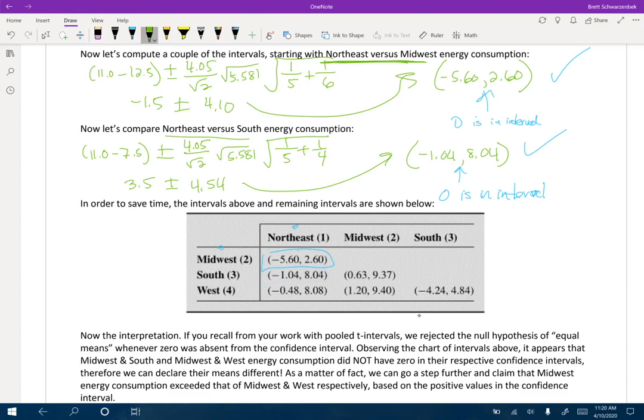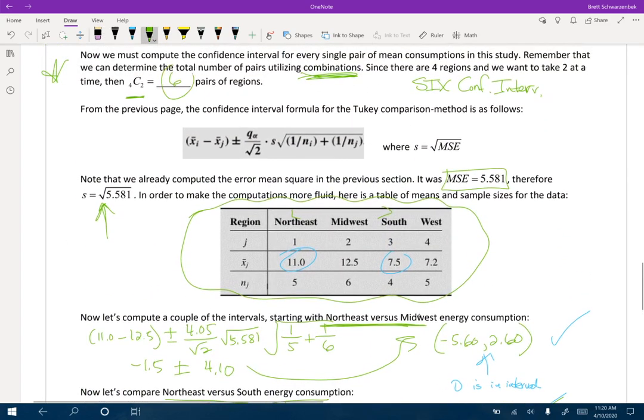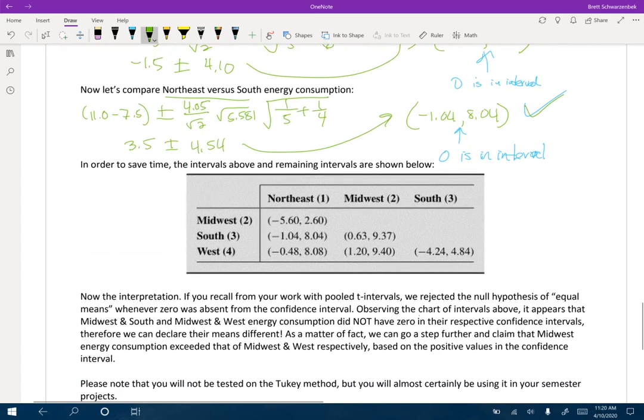Let's say now we decide to do northeast versus south. That's going to be this one, which is right here. So it's actually a very funky, cross way to determine. So all four other intervals are then calculated for the sake of our problem, and the 6 results, remember, 6 intervals, are in this table.